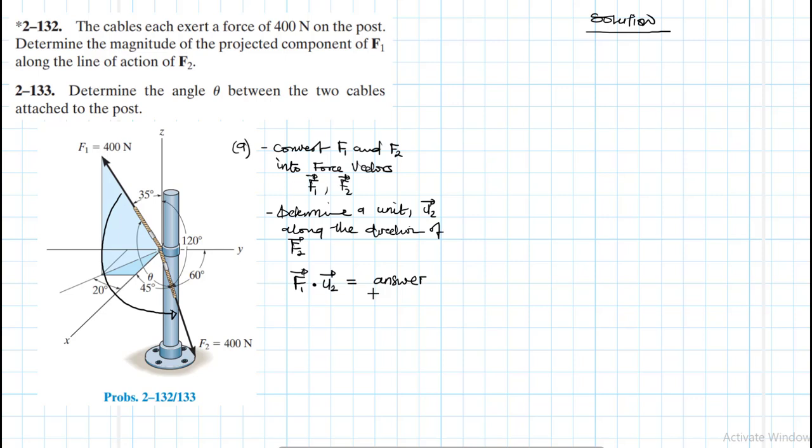If this answer is positive, it means that vector is in the same direction as F2. If it's negative, it means it is parallel or along the same axis but in the opposite direction. Let me show this. If it is positive, it is in the same direction like that.